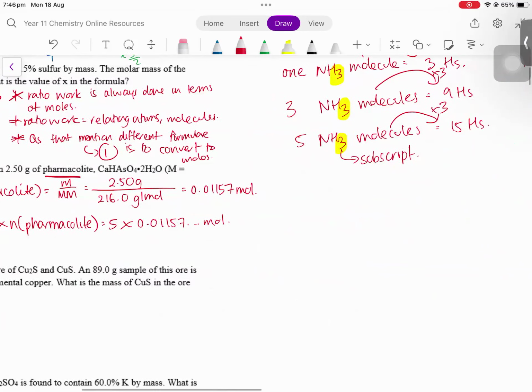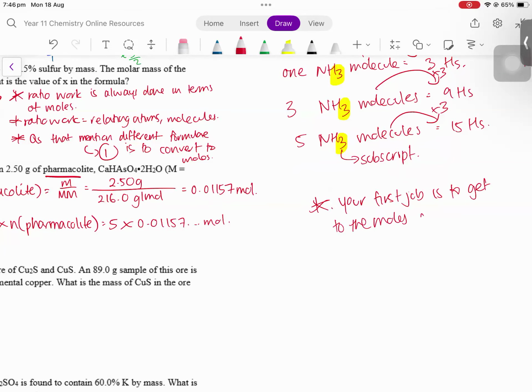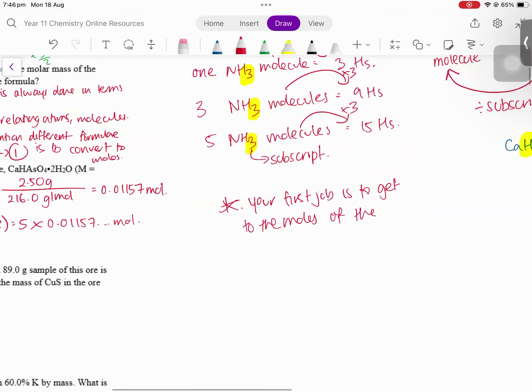So I'm going to make an extra star here for your notes. Your first job is to get to the moles of the chemical in question, which basically means the chemical they're asking you for, okay? Your first job is to always get to the moles of it.